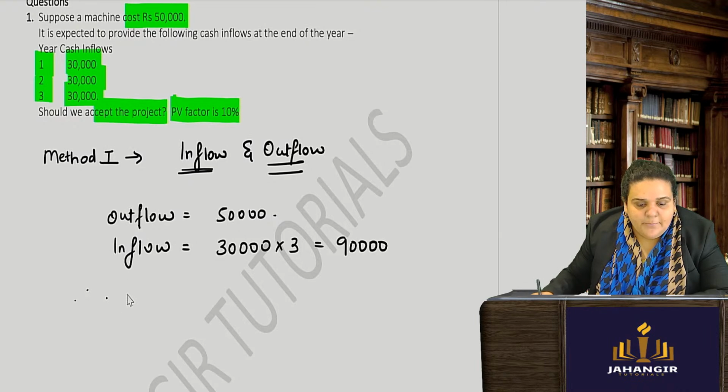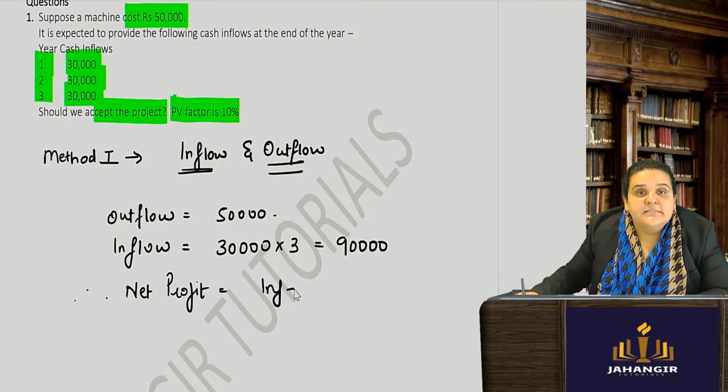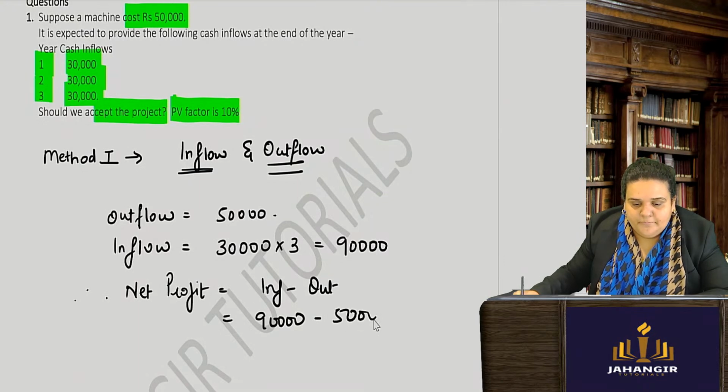Therefore, with the help of the inflow-outflow method, my net profit with this particular decision is inflow minus outflow. Inflow is 90, outflow is 50.